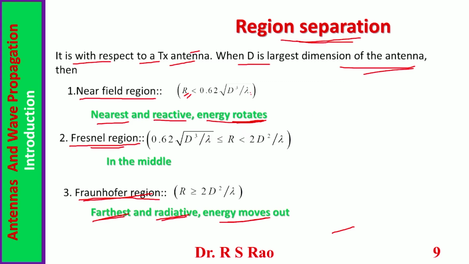Lambda is the wavelength of the wave. Fresnel region is in between 0.62 square root of D cube by lambda and 2D square by lambda. In between these two, Fresnel region. Fraunhofer region is R more than or equal to 2D square by lambda.